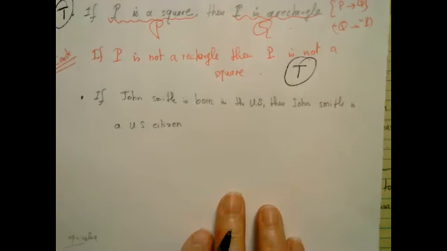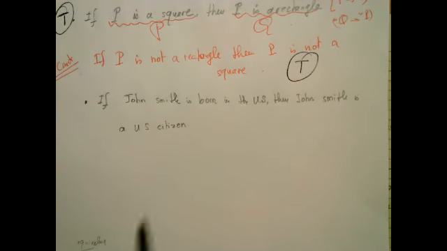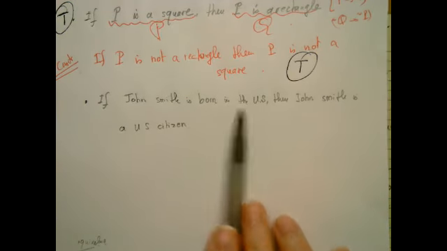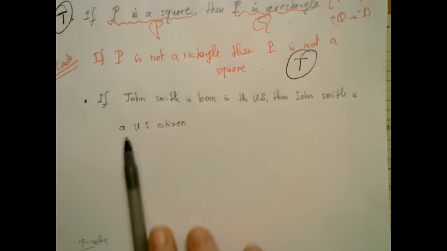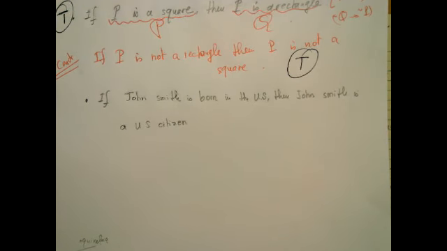Okay, now part 2. I want you to negate the following, no, sorry, find the contrapositive. If John Smith is born in the US, then John Smith is a US citizen. Question number 1, is this a true statement? Whether you know John Smith or you don't know John Smith, what do you think? Is it true?